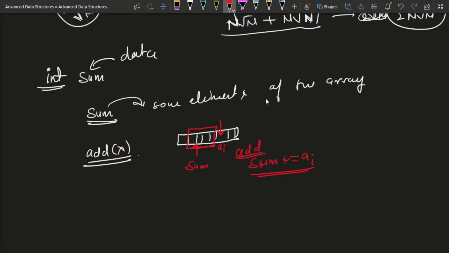And for removing, suppose we are removing this particular element, a of j, we can just subtract it from the sum: sum minus equals a of j, and that would be my remove operation.